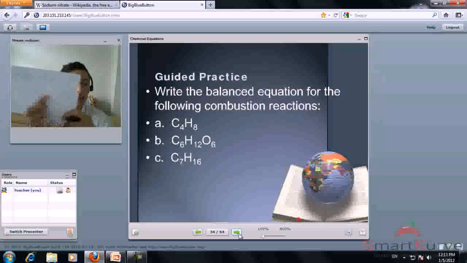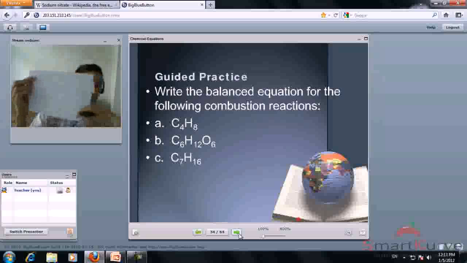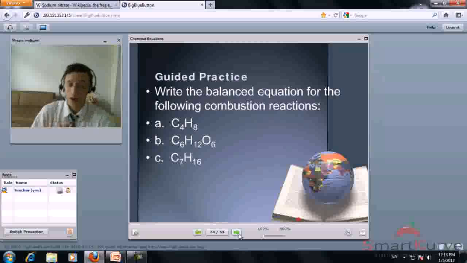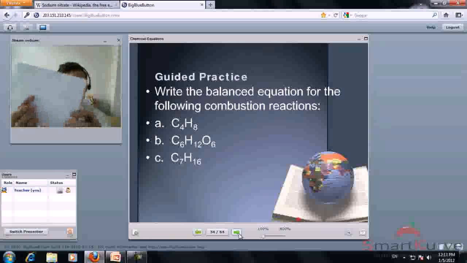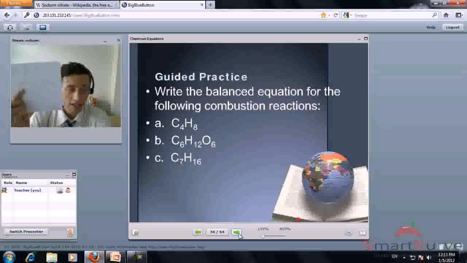Let's move on to hydrogen. Notice we have 12 atoms of hydrogen and only 2 here on our product side. So we're going to require a coefficient of 6. 6 times 2 is 12.